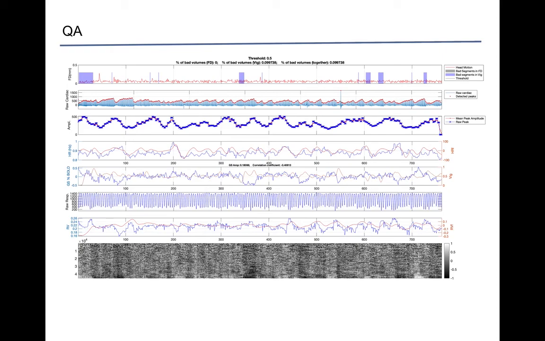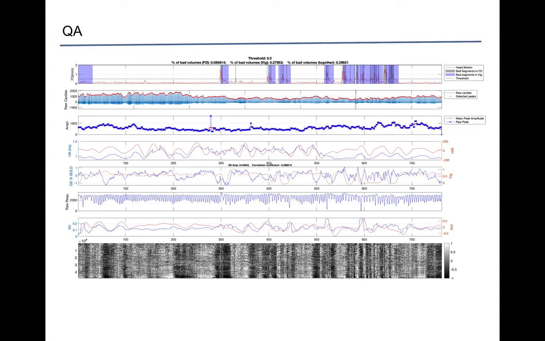The second thing that you can check is the quality of your physiological recording, like your respiration and cardiac. For this subject it looks okay to me, but if I go to this subject, for example, it had lots of motion, and you can see the effect of motion in the time series, the gray plot in the last row.